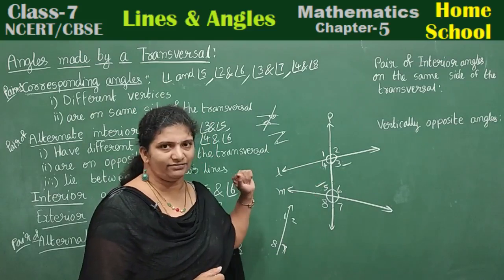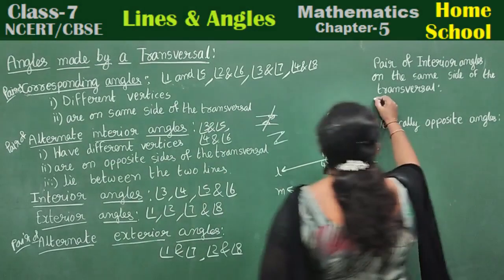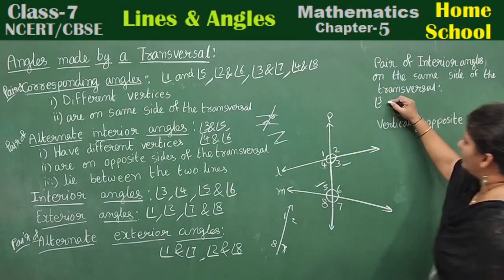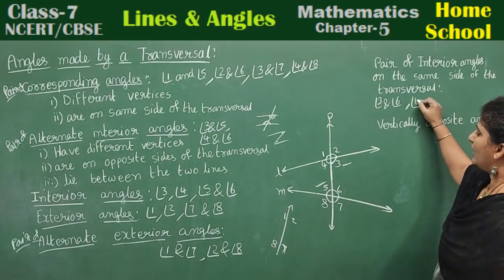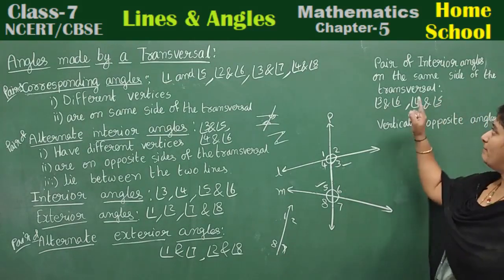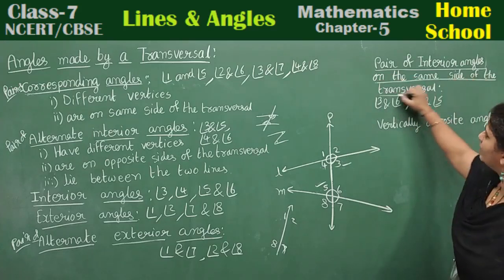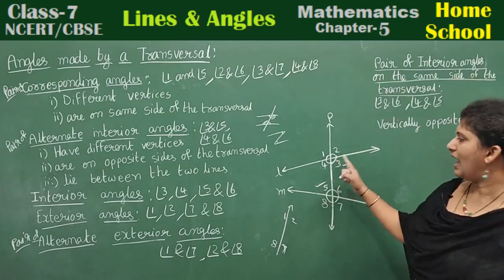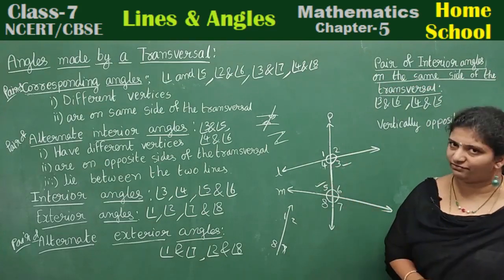Angle 4, angle 5. Angle 3, angle 6. Right? Angle 3 and angle 6, comma, angle 4 and angle 5. Pair of interior angles on the same side of the transversal. Angle 3, angle 6, angle 4, angle 5.